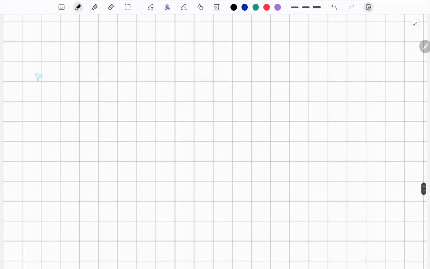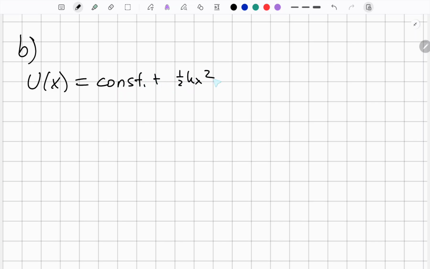So we want our U of x, this is for part B, to be a constant plus 1/2 kx squared. In this case, our x is, we're going to say, x plus L1 minus L0, that distance that we've gone ahead and shown.